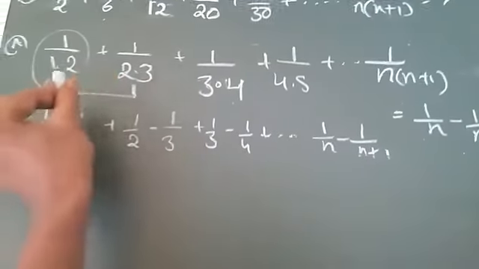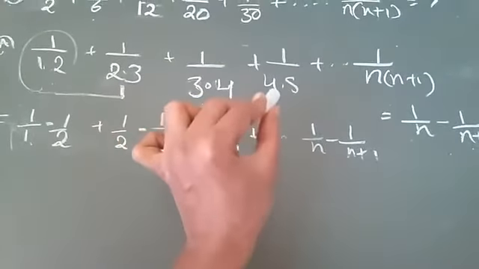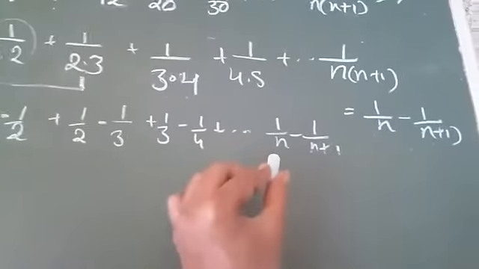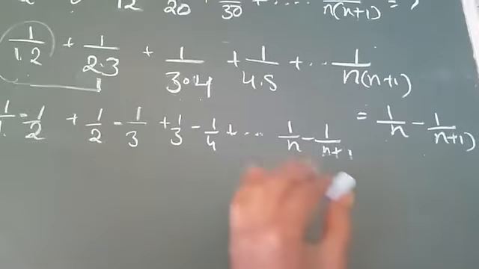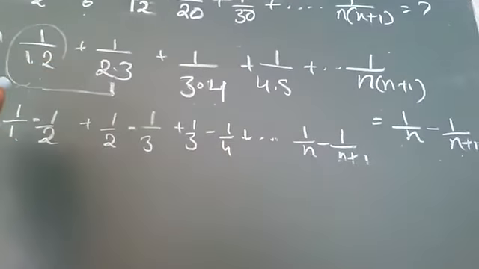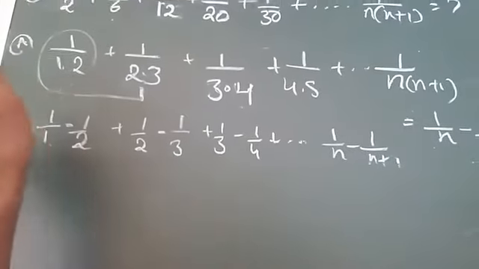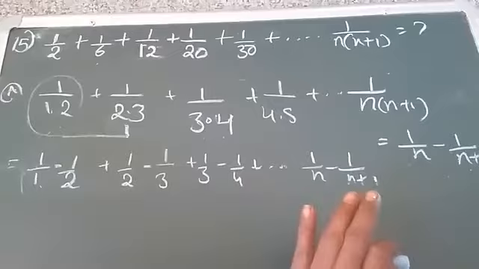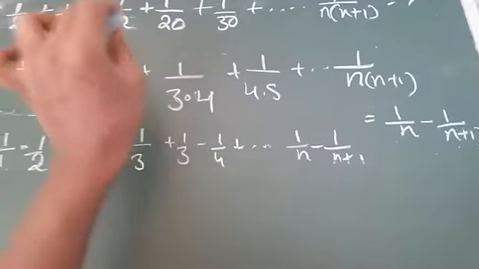See the question. This is expanding in the form of 1 by n into n plus 1. We have converted that into 1 by n minus 1 by n plus 1. That means the series is expanding up to the n terms. If n is equal to 1, we have to consider the first term. If n equal to 2, we have to add the first 2 terms. If n equal to 3, we have to add the first 3 terms. Right?